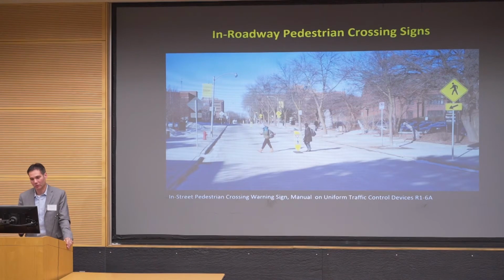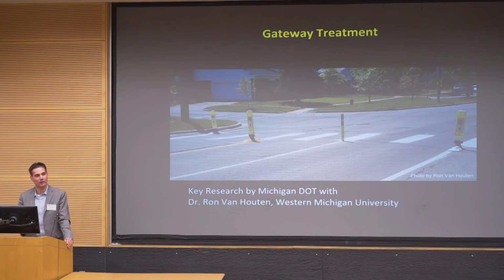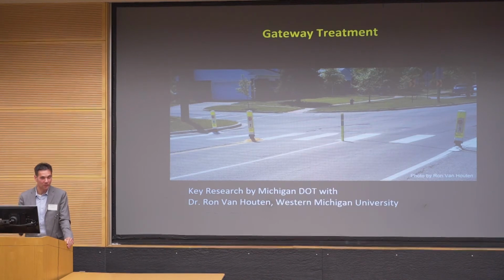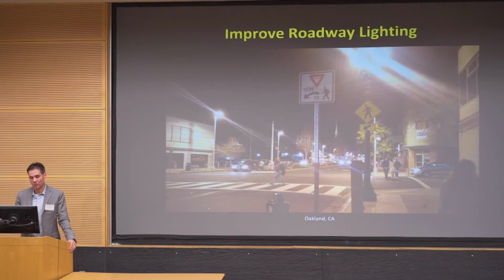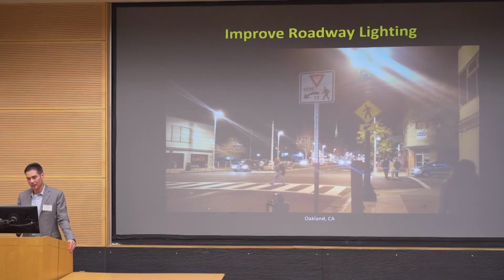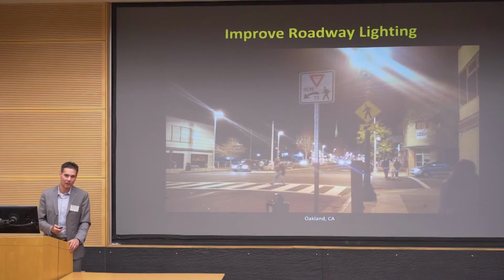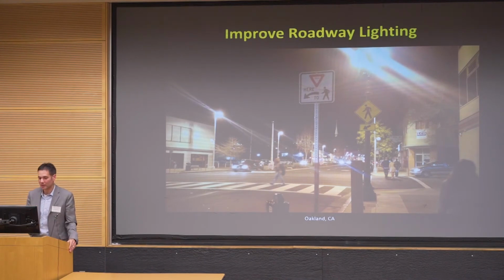Using signs, the in-roadway pedestrian crossing signs, as well as considering the gateway treatment, which is something that's been researched here at Western Michigan University, Ron Van Houten, through studies by the Michigan DOT. This is something now that we in Milwaukee are looking at too, very seriously. Of course, improving roadway lighting. Many of these crashes are occurring at nighttime, and so having better visibility at crosswalks and key locations for pedestrians is critical.